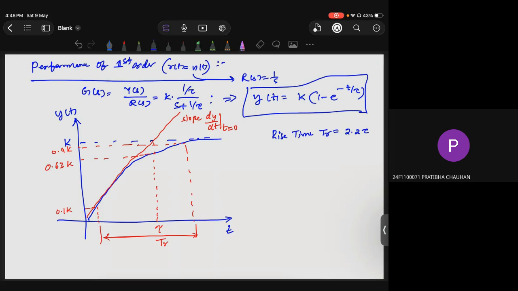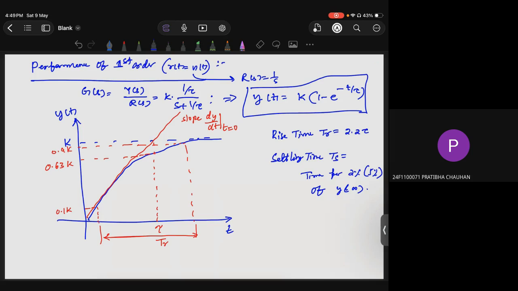Similarly, the settling time, TS, is the time for reaching 2% or 5% tolerance of the final value. y of infinity is the final value. For any function, you can find the final value using the final value theorem from the Laplace transform.